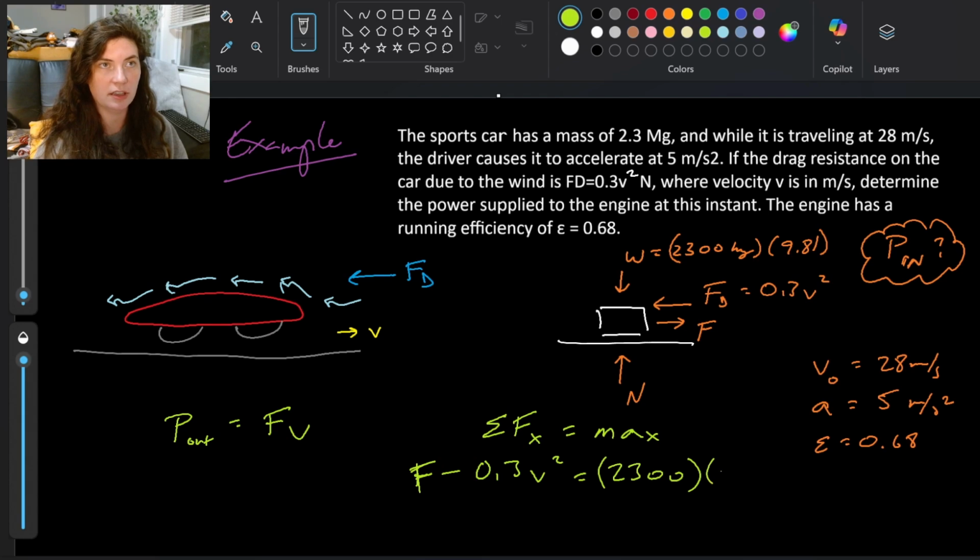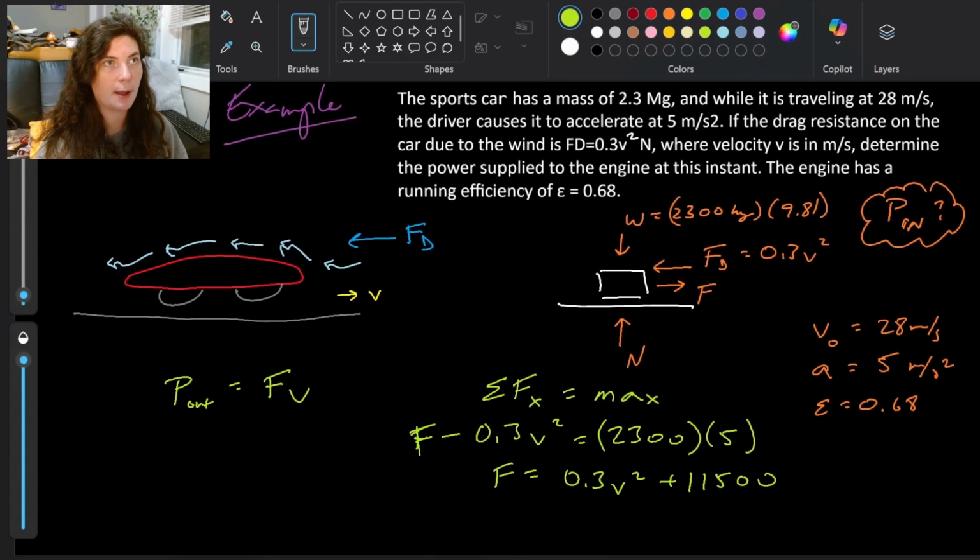And that was another given, 5 meters per second squared. So this gives me that the force for our power calculation is going to be 0.3 V squared plus 11,500.